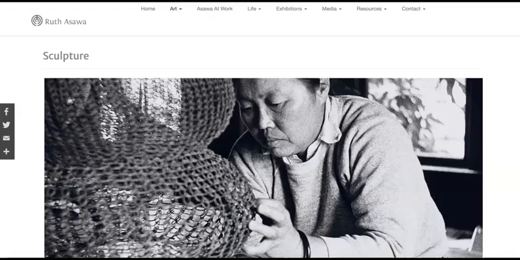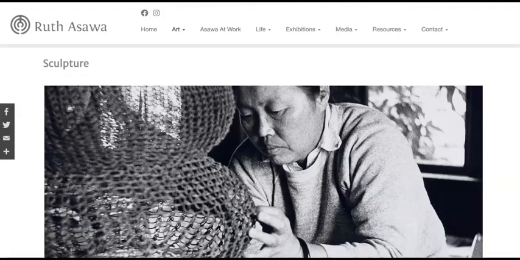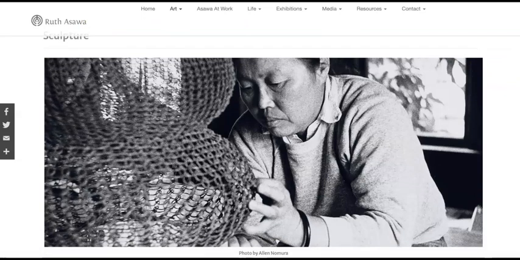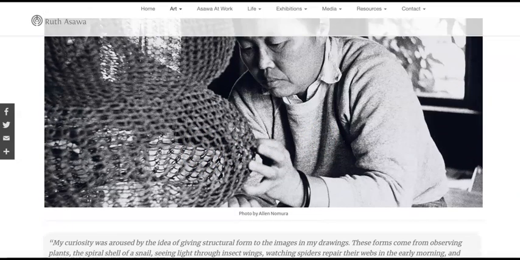Let's look at one more brilliant sculptor, Ruth Asawa, a San Francisco Bay Area sculptor, whose sculptures are so inventive in terms of materials, because what she started to use is wire in a kind of a weave or a basket making system.